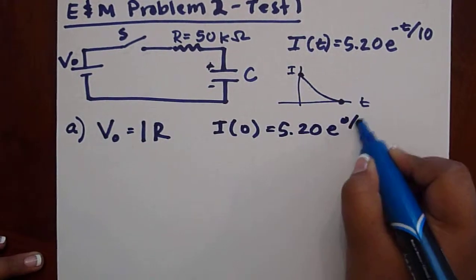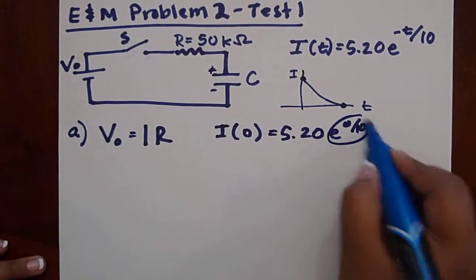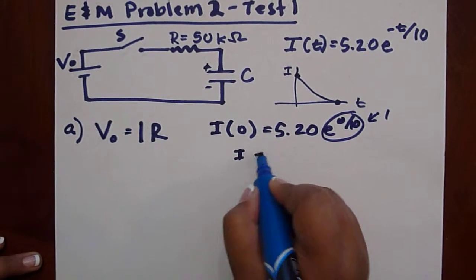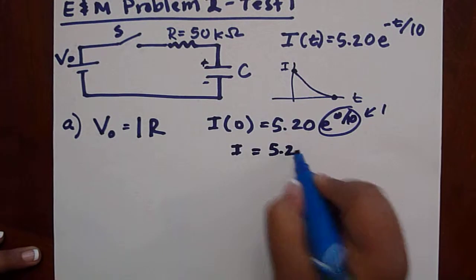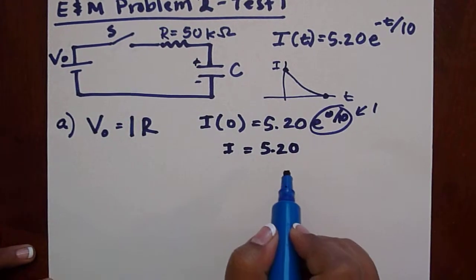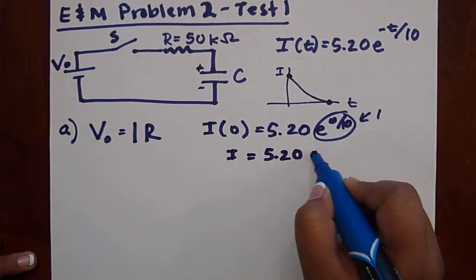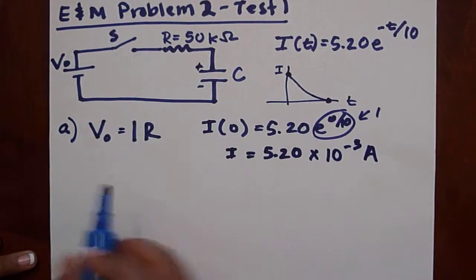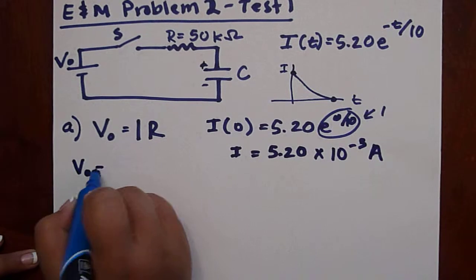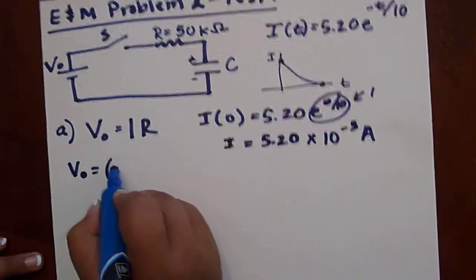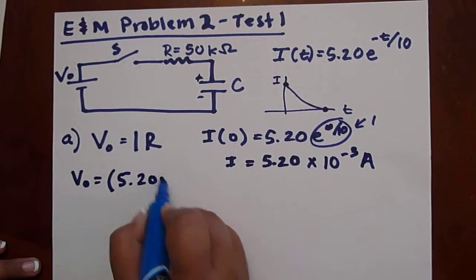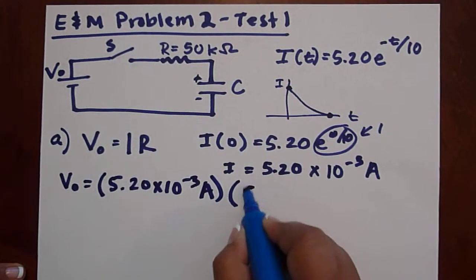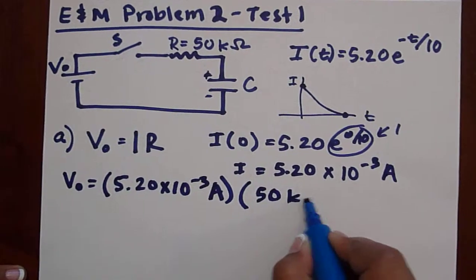at t equals 0, and we know that e to the 0 is equal to 1. So I is equal to 5.2, and the problem did specify that I is in milliamperes, so 5.2 times 10 to the power negative 3 amps. So V naught is equal to I, 5.20 times 10 to the power minus 3 amps, times the 50 kilo ohms.